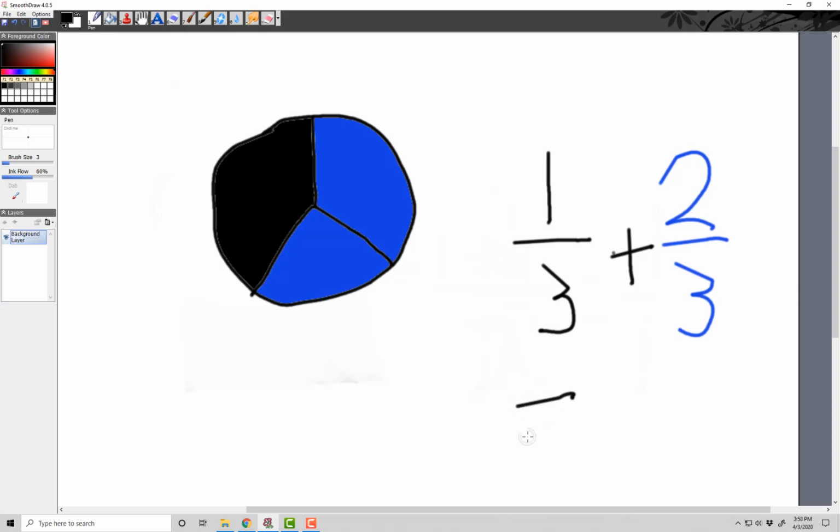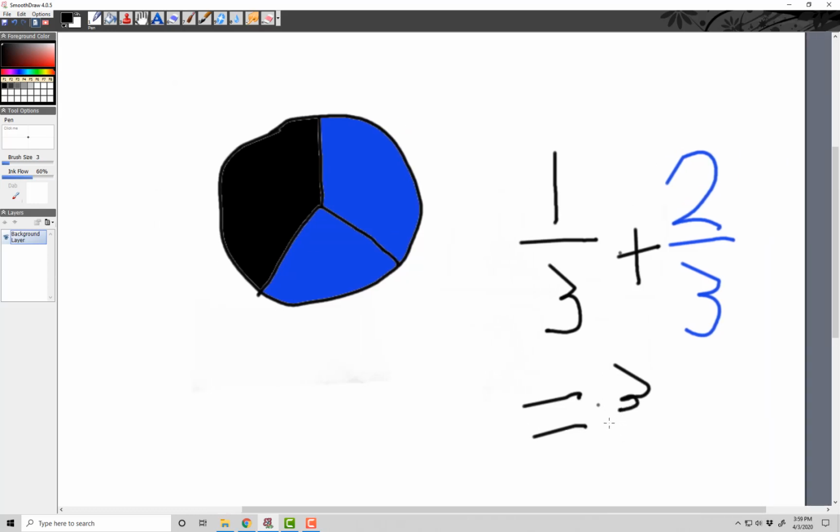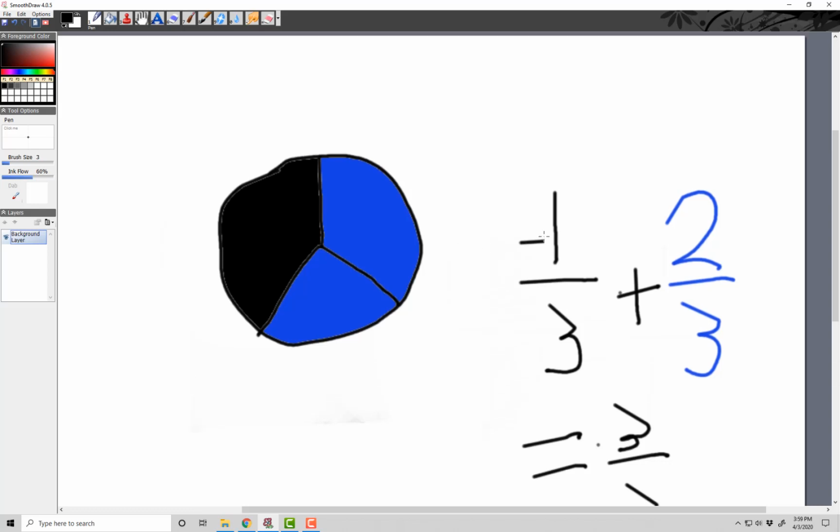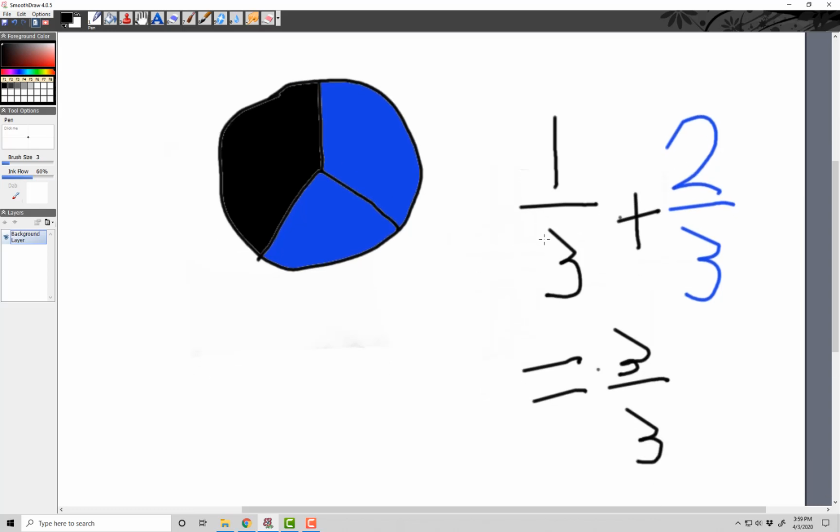So this is equal to 3 over 3. Well, that's not a very pretty 3. Okay. So how about you try making a pie and dividing it into 4 equal pieces, and we'll check it.